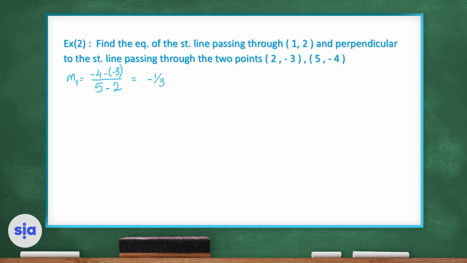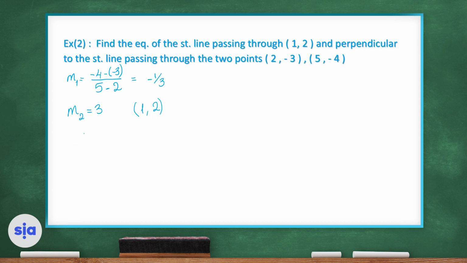As long as the two lines are perpendicular to each other, slope 2 is the negative reciprocal of slope 1. If slope 1 is negative 1 over 3, then slope 2 is 3. Then, to write the equation of this line, you have the slope equals 3, and the line passes through the point (1, 2).